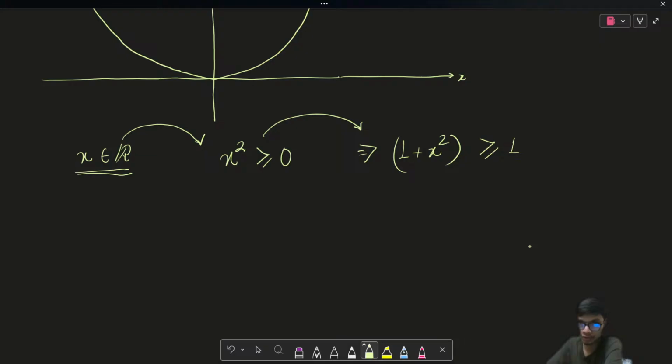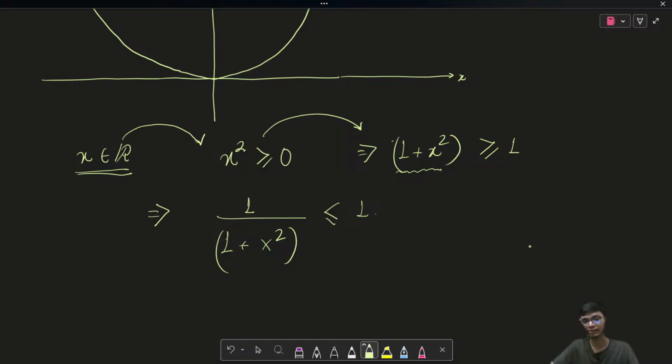Then if I take the reciprocal of it, since this number is greater than or equal to 1 and also a positive number, it cannot be less than 0. So 1 upon 1 plus x square will be less than or equal to 1.